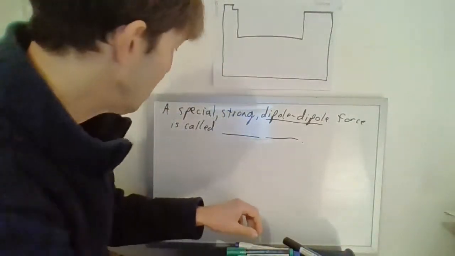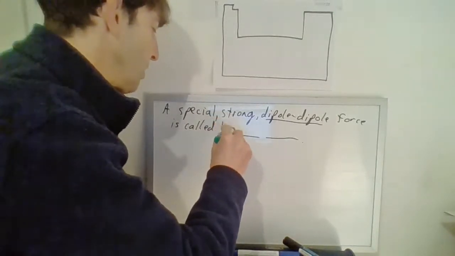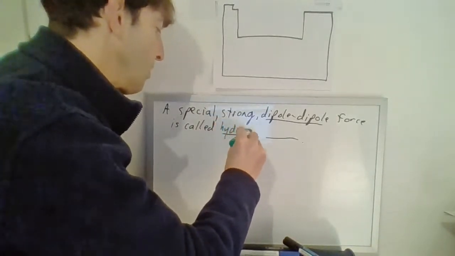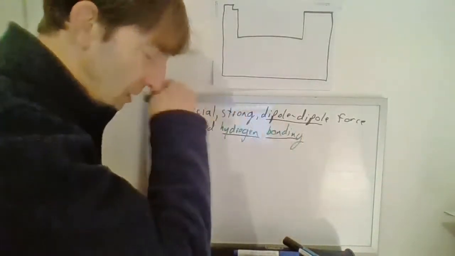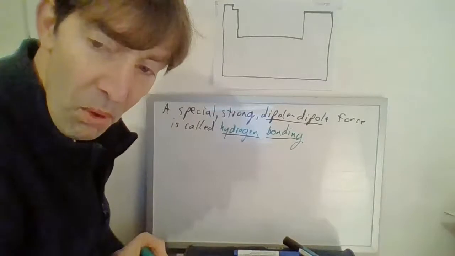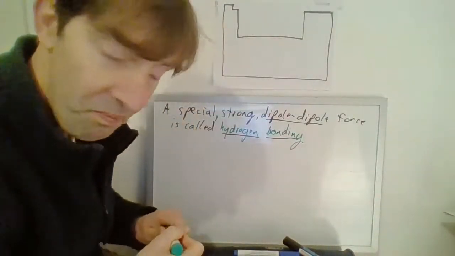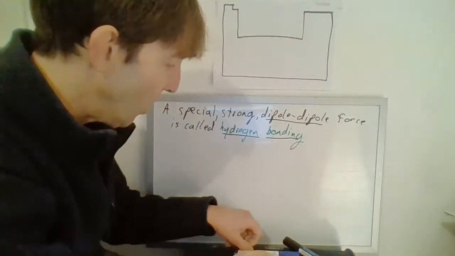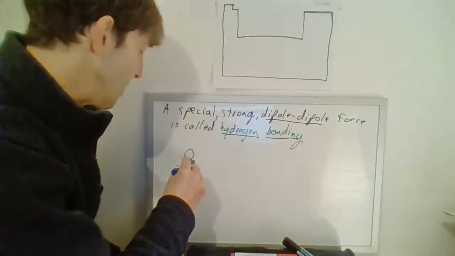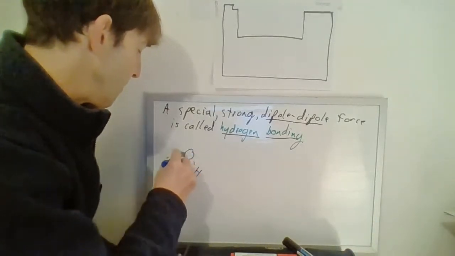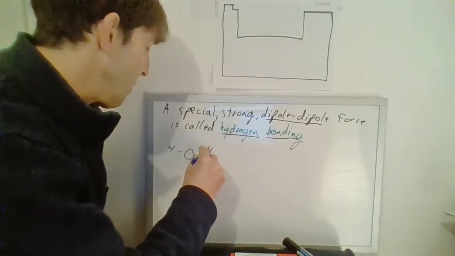Yeah, Kiara's got it. So it is indeed called hydrogen bonding. The most important example, which we drew yesterday, we're going to draw again briefly now, is water. And water is bent. So here's some waters, and here's another water.